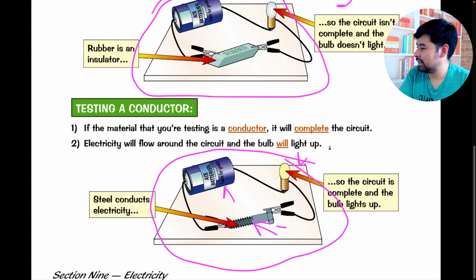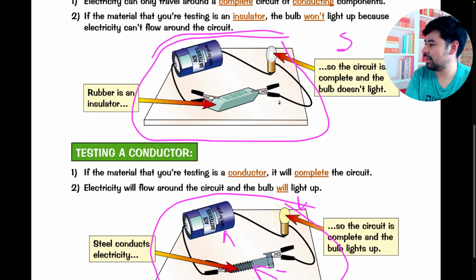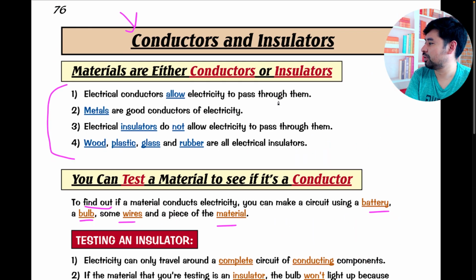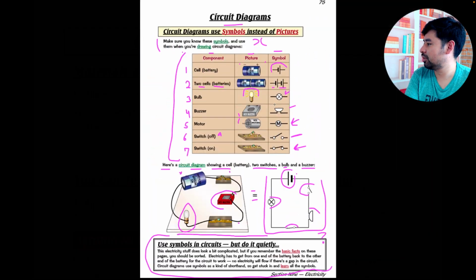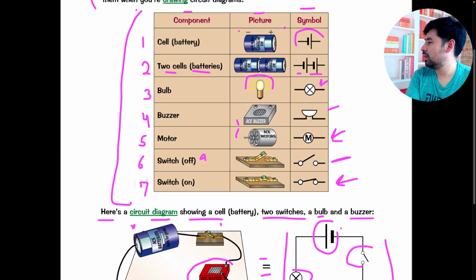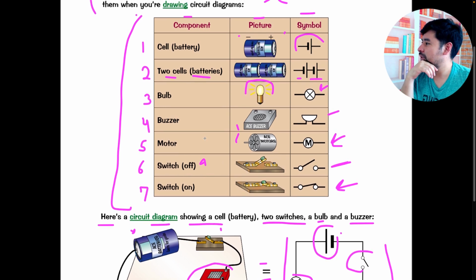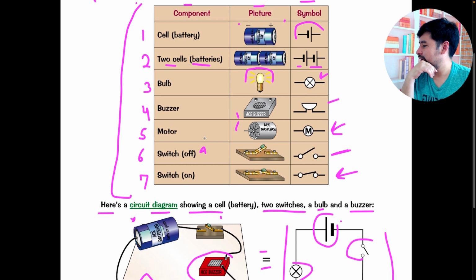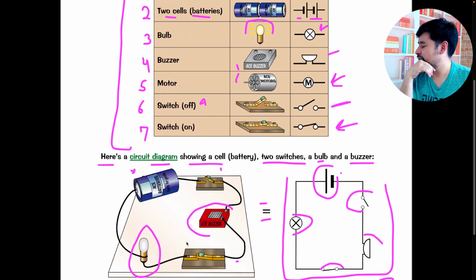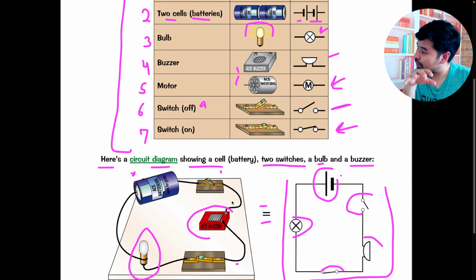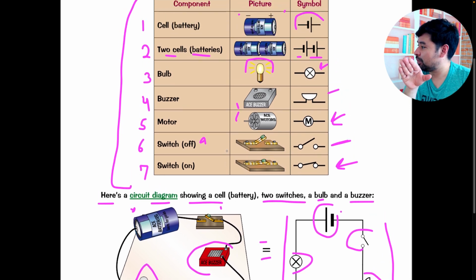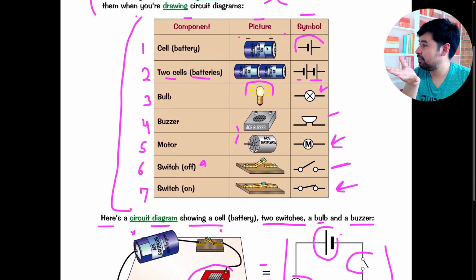Let me see if it's possible to do the draw. Buzzer, motor, switch off. Okay, so we have a little problem here. In this one, we can make the symbols because we have all the symbols here, the battery, all of them.